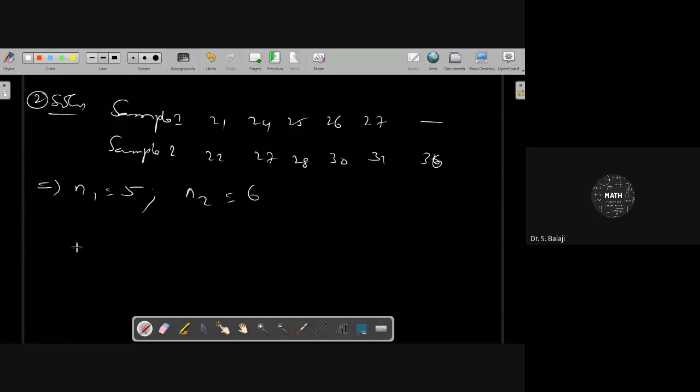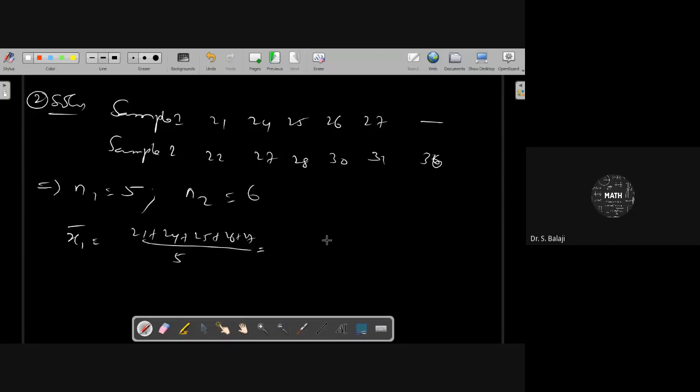You have to adopt the t-test as well as the F-test here. For the t-test, the difference in the sample means, you have to calculate. So first calculate x1 bar, which is 21 plus 24 plus 25 plus 26 plus 27 by 5 items. Can you give the answer for x1 bar?